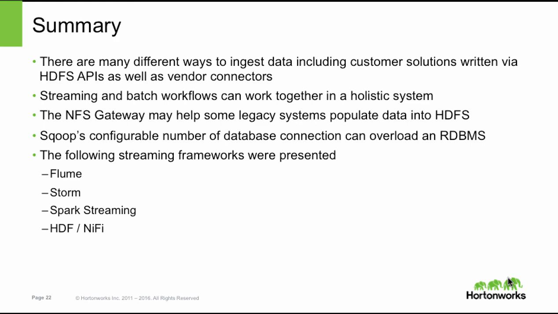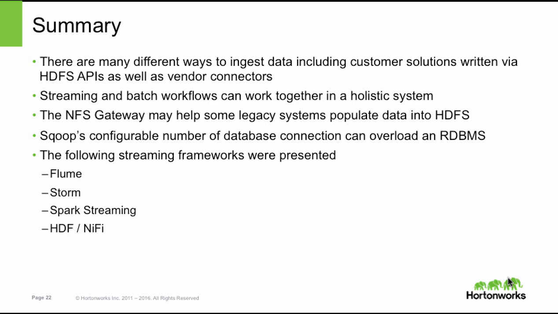So I think we just touched on most of these points. As a quick recap of the summary: many ways to ingest data, streaming and batch working together to make a comprehensive solution for us. Definitely the NFS Gateway could be a solution for many use cases you have in place.